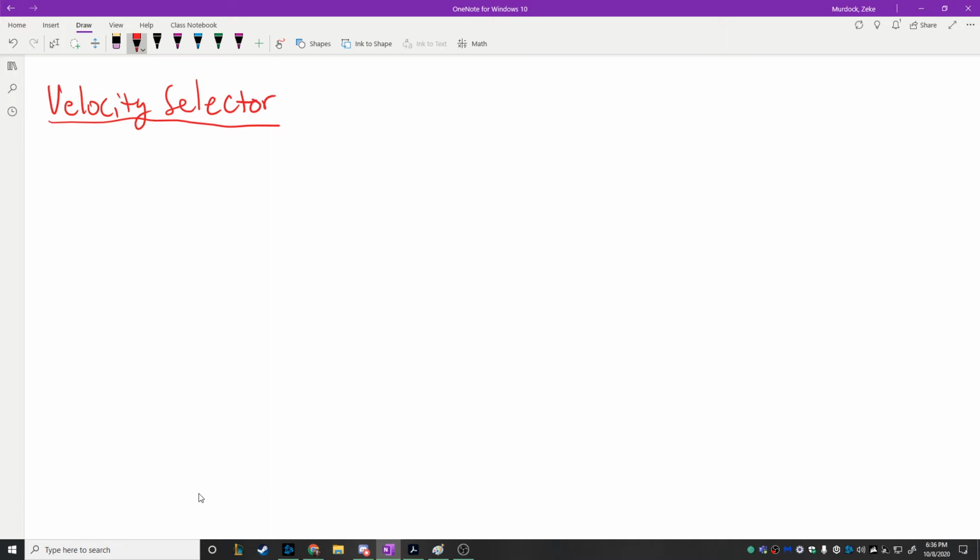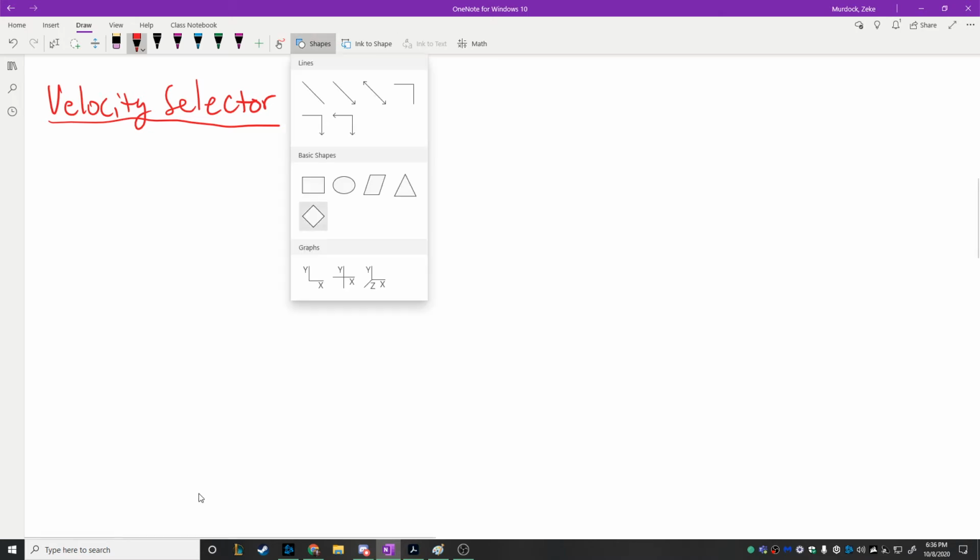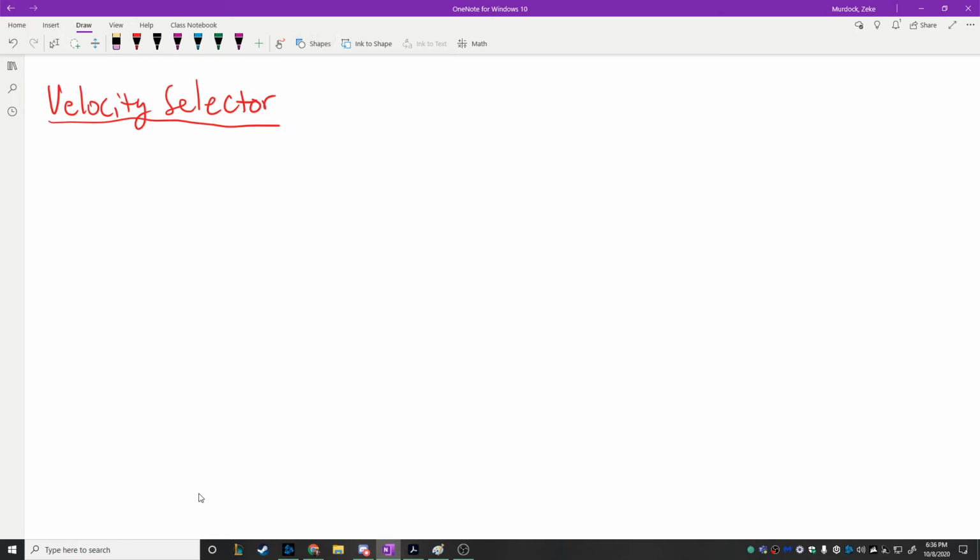Okay, so a velocity selector is something that does exactly what it says. It selects out particles with certain velocities, only the ones that you want, and in particular, one velocity. This object is composed of an electric field and a magnetic field.